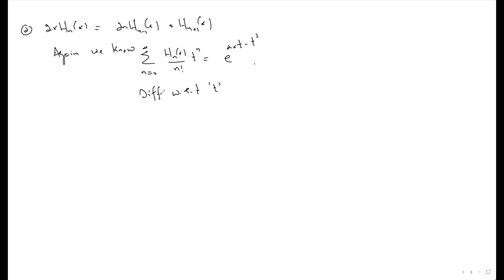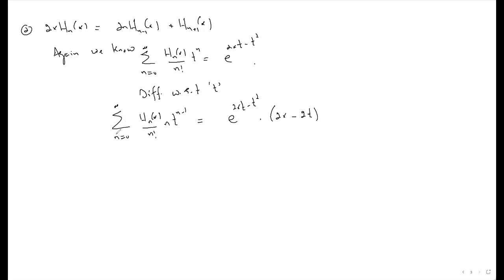Okay, so differentiating with respect to t. Now this will serve as a constant and we will have a differentiation of this. So this will be summation n running from 0 to infinity h n of x divided by n factorial remains as such, this is n into t raised to power n minus 1. Similarly, it will be 2xt minus t square into 2x minus 2t, the differentiation of this exponent term.